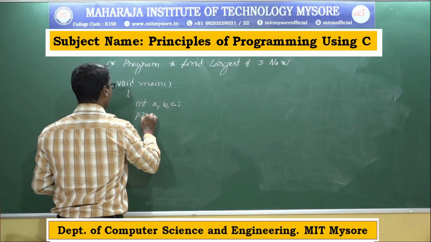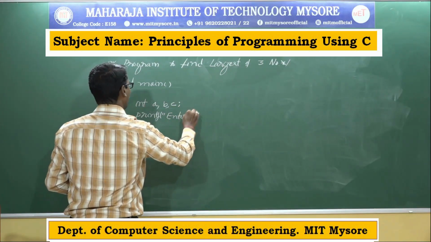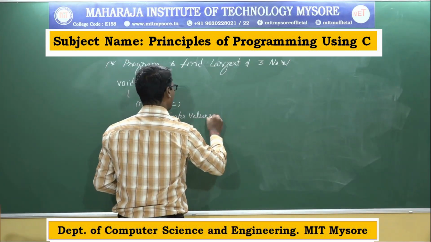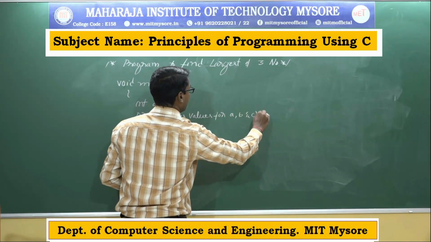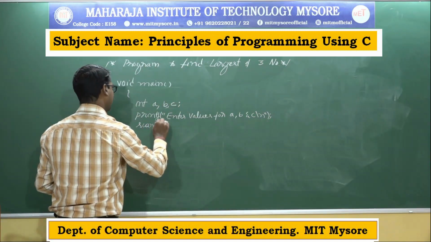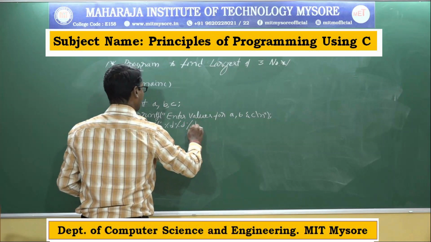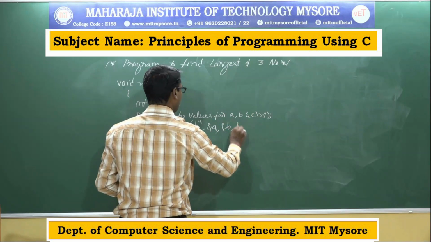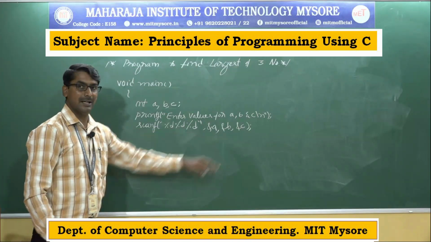Then we need to get the values from the keyboard: printf, enter the values for a, b and c. So scanf, %d, double quote close, address of a, address of b and address of c.